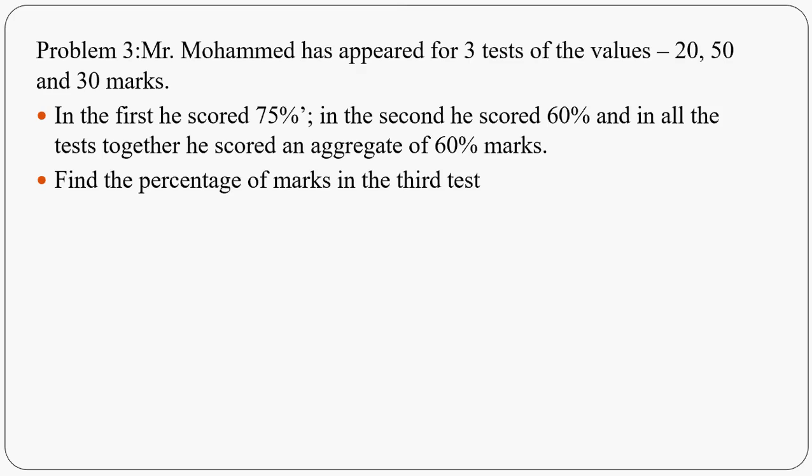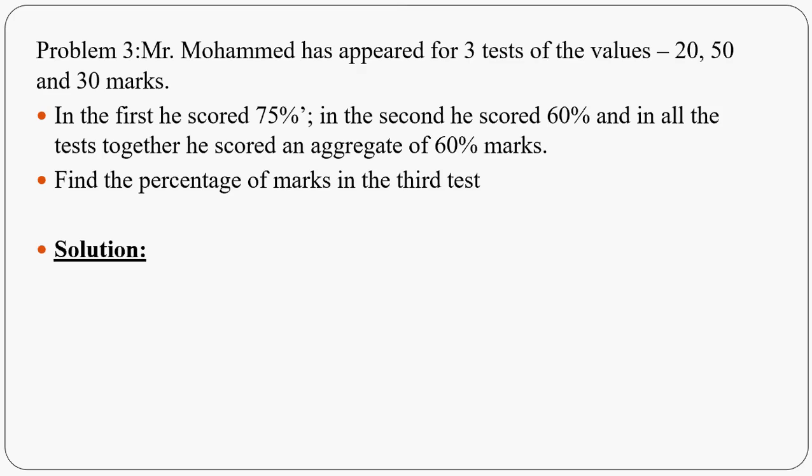And in all the tests together he scored an aggregate of 60. So find the percentage mark in the third test. So this is the challenge we need to solve.